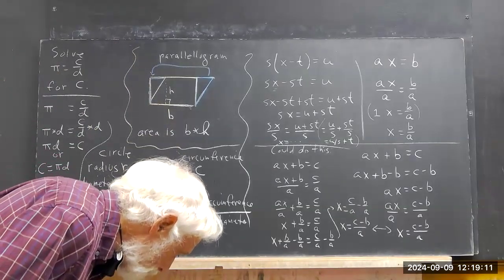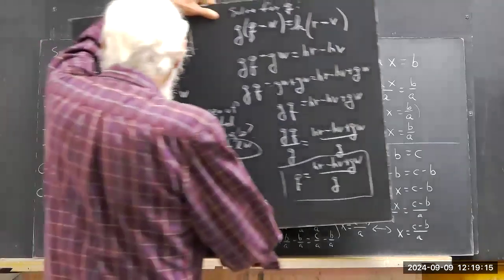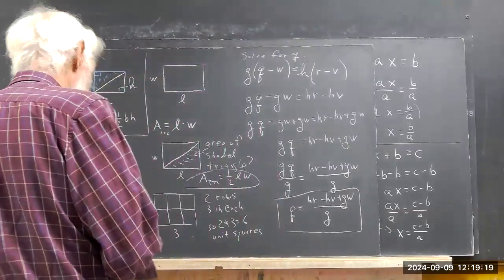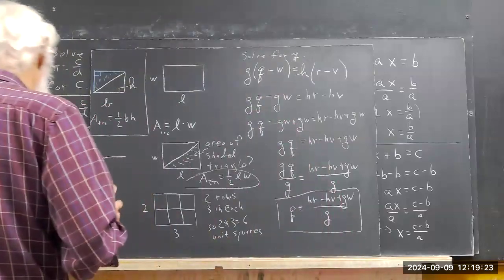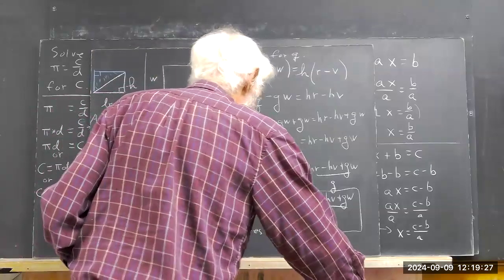And I'm going to do this on the fly, because the derivation gets a little more complicated, although I think you could probably understand it if we spent some time on it.